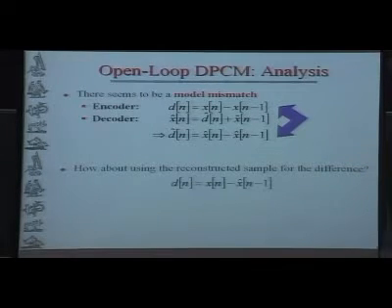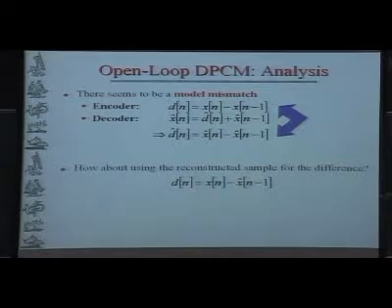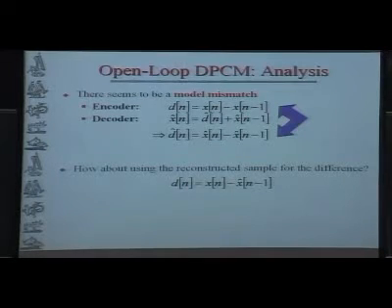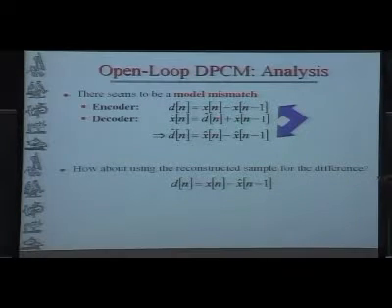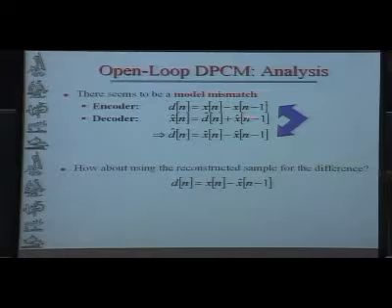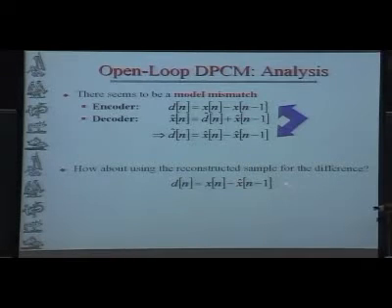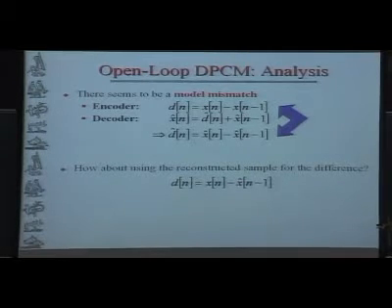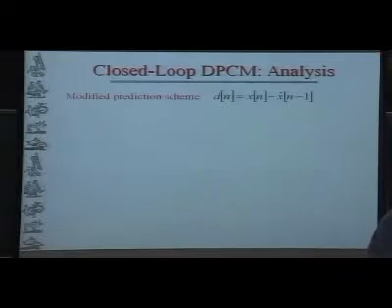And I will propose this. Instead of using this, I propose using that. So instead of predicting from the original samples, I predict from the reconstructed sample. And that turns out to be a better scheme.